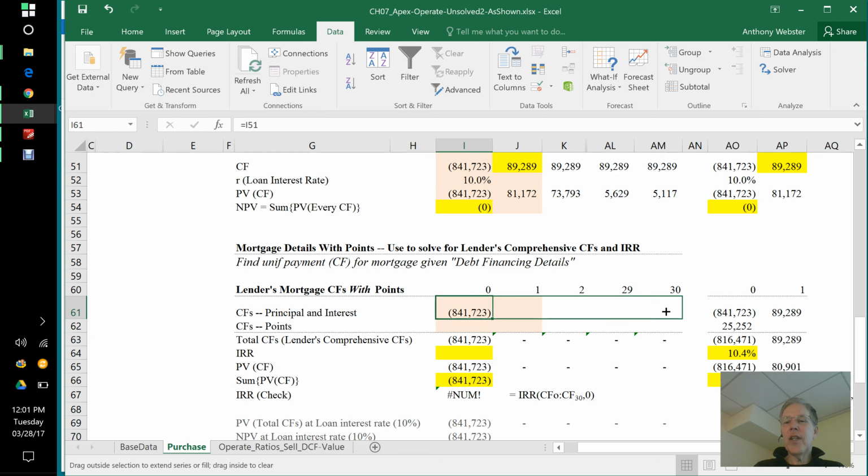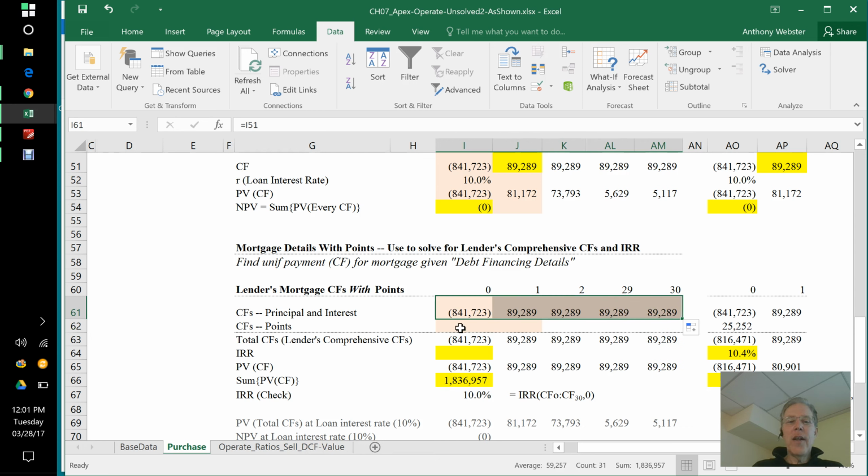So I can just bring that right along. And points: the terminology is that if you have upfront fees, they're called points, as long as they are a percent of the loaned amount.